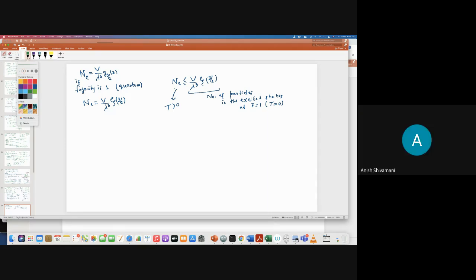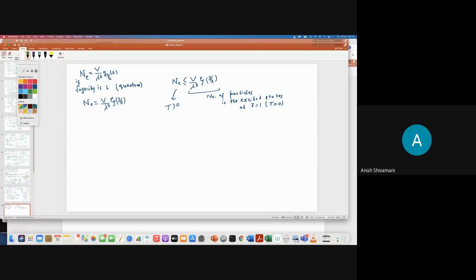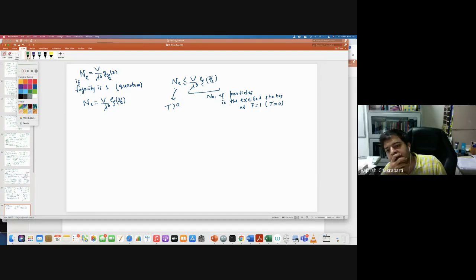Because Ne at T greater than 0 is greater than Ne at T equal to 0. Is that right? Yes, you're right. Ne at T equal to 0 is this V by lambda cube zeta 3 by 2. I think if I write like this, we'll stop here today.